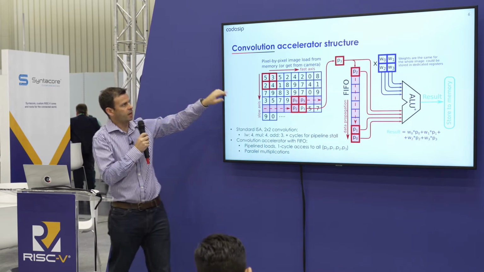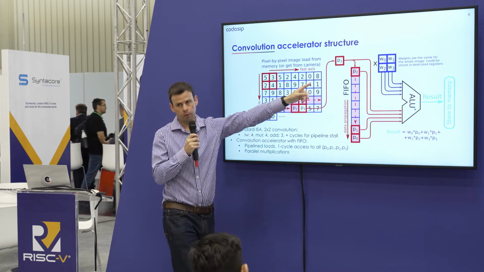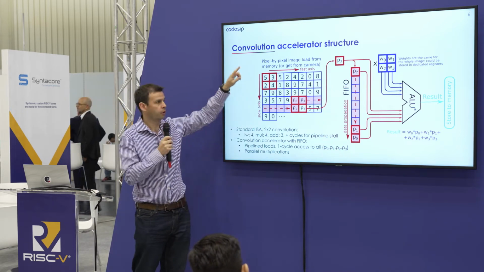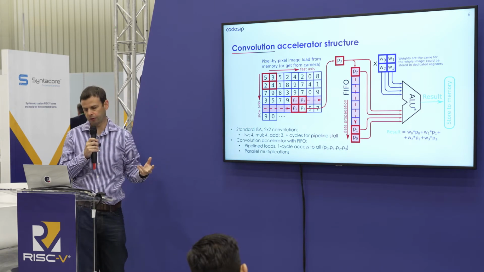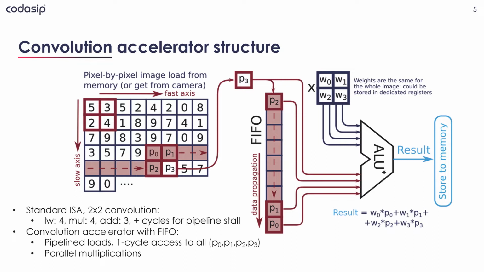Now, if you're accessing memory, typically as you go along a cache line, your accesses are fast. As you go down successive addresses, those tend to be slower. So if we build a FIFO structure that spans enough that we capture all of the elements for a given matrix, that gives us the ability to do single cycle access. You can see the FIFO structure here.